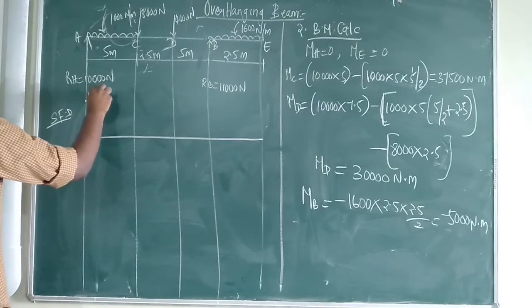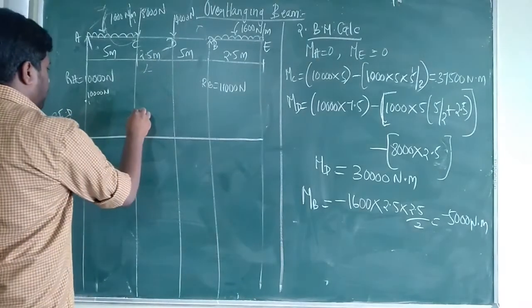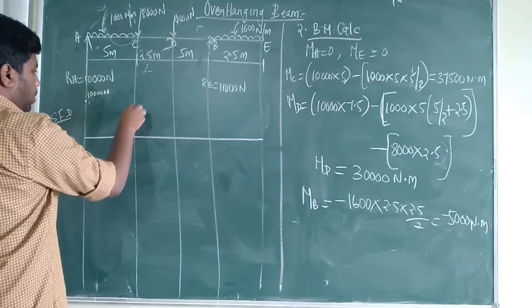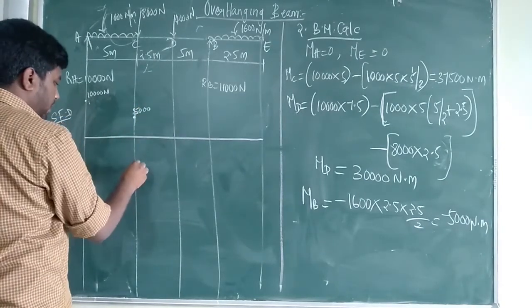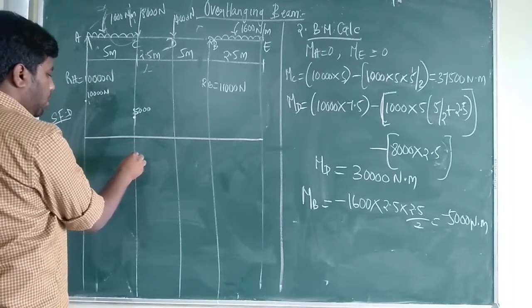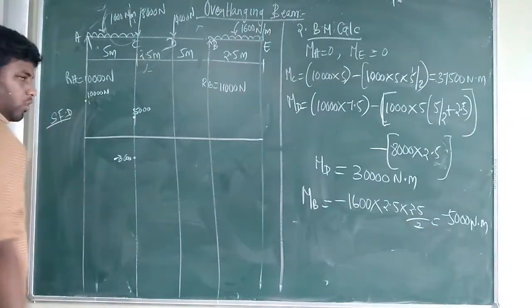Next one, your force at C on the left section is minus 3,000, and on the right section is plus 5,000. So 5,000 will be somewhere below 10,000. And minus 3,000 means below the baseline. Minus 3,000.